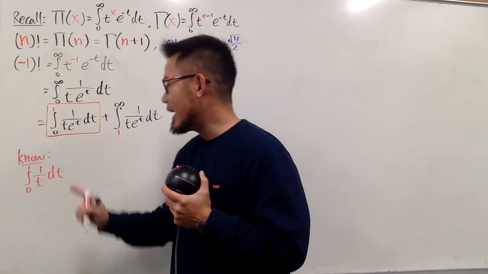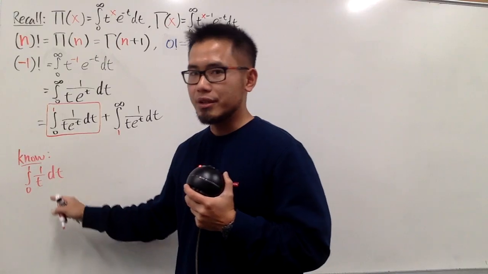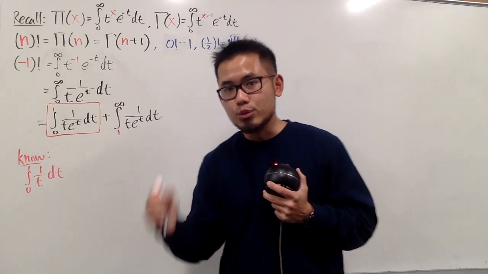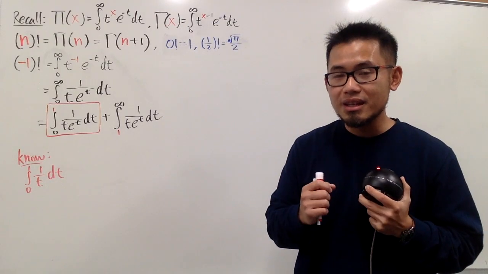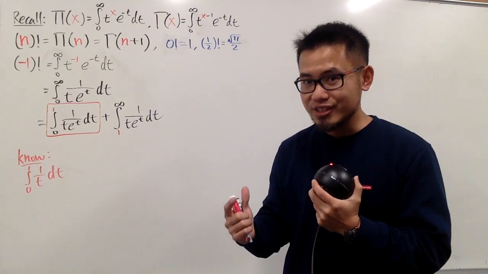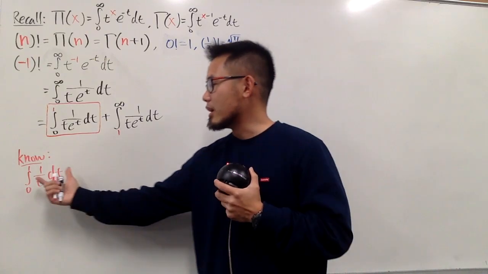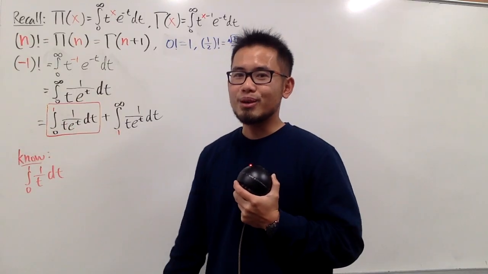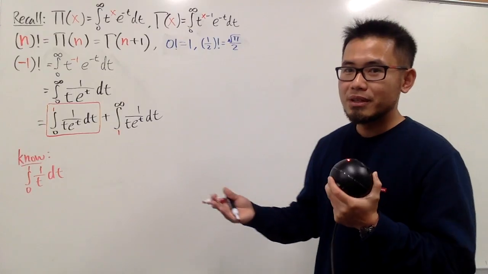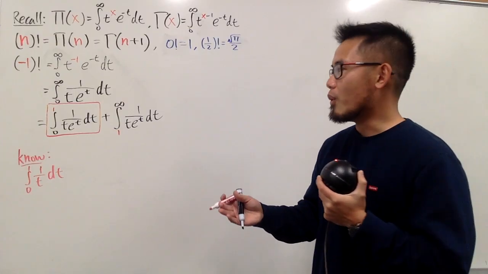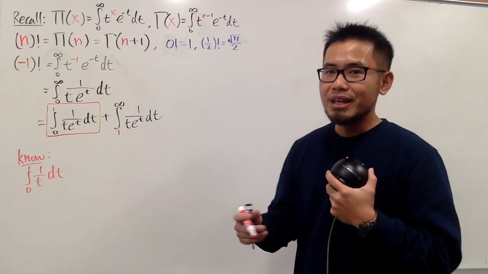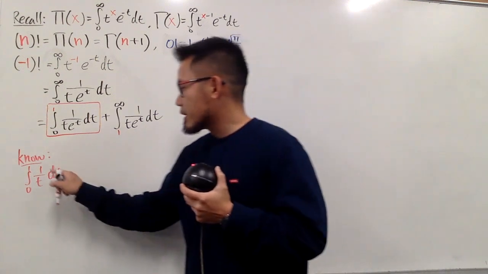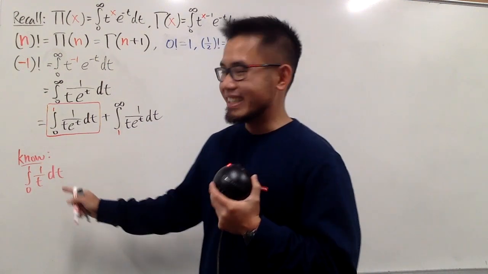And the reason that I didn't use 1 over e to the t, because the integral from 0 to 1 of 1 over e to the t dt, that's actually convergent. I have to make sure that I use a divergent one, and I will also show this is divergent as well, okay? And you can check out more of my videos about the comparison test for improper integrals or infinite series. But anyway, this is so much easier to deal with, isn't it?